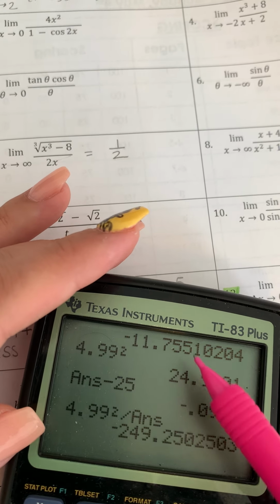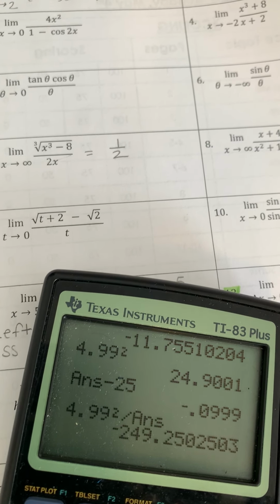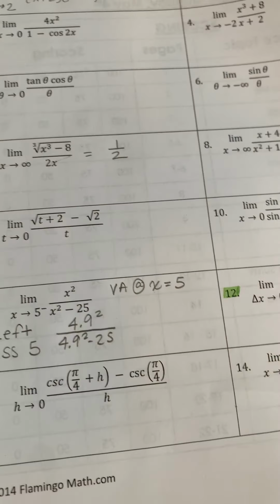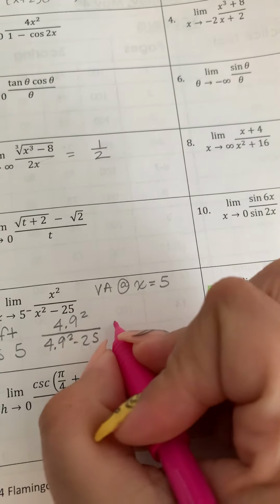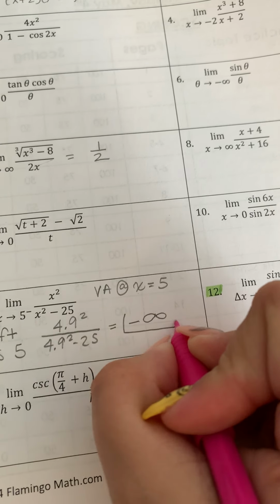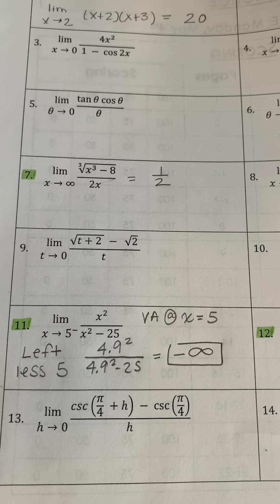So I jumped from about negative 24 to about negative 49. The closer and closer I get to 5, it's going to get smaller and smaller, a higher negative number. So out of my two options, the limit is approaching negative infinity, not positive infinity, which was my only other choice because of that vertical asymptote.